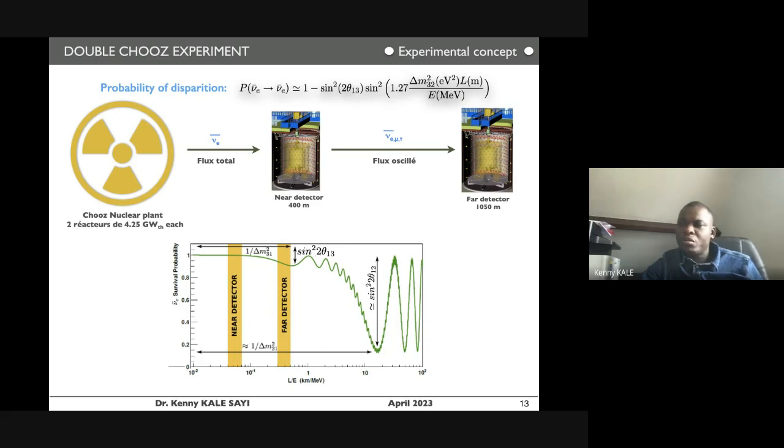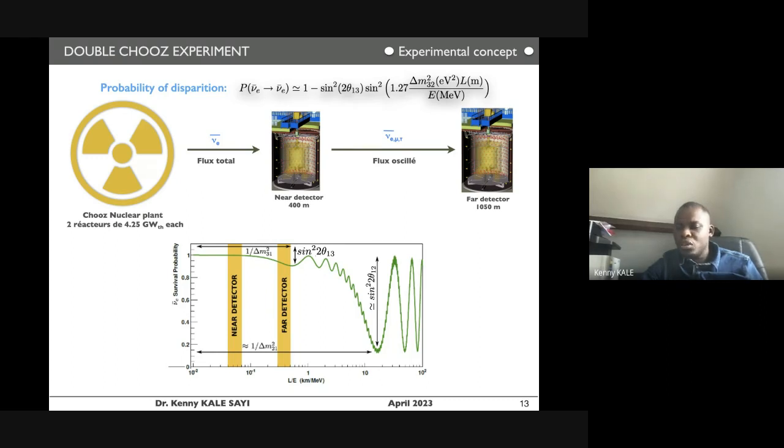Since our experiment is sensitive only to one flavor, the number of neutrinos detected at the far detector will be less than the number detected at the near detector. And this difference is what you call the disappearance.